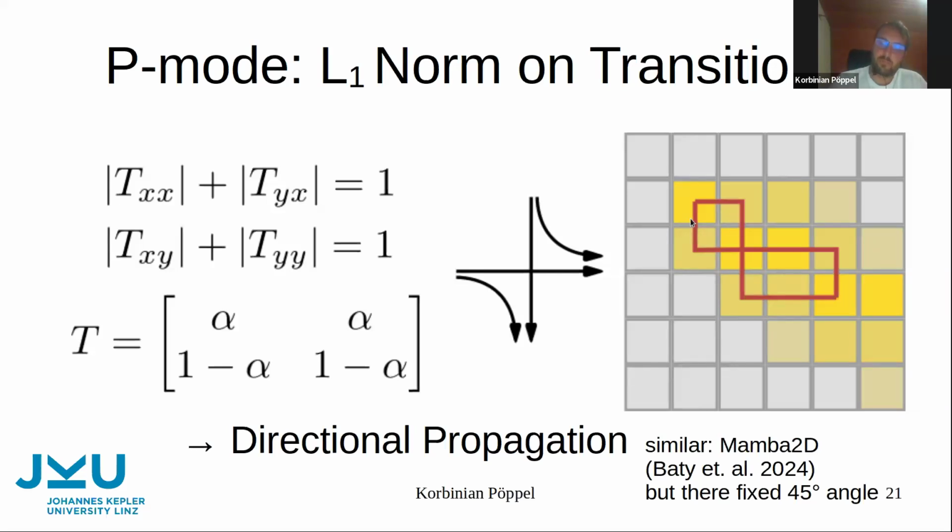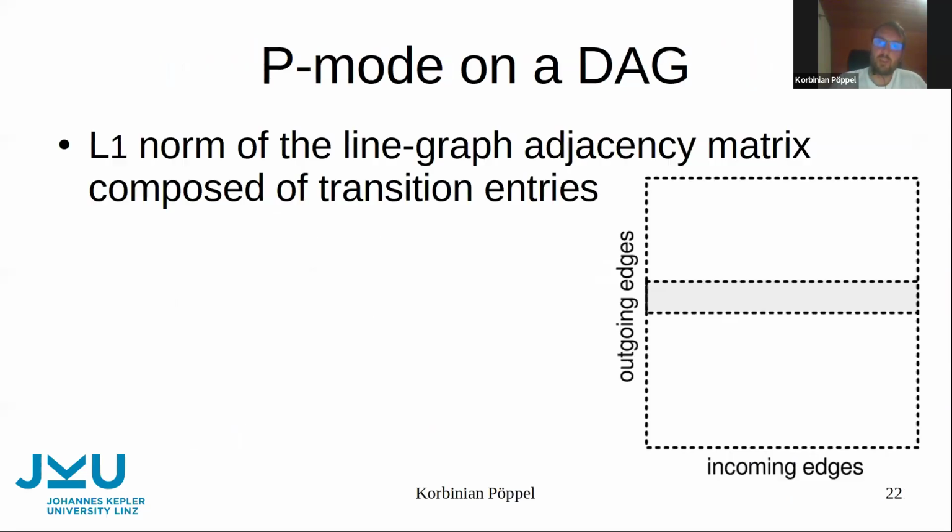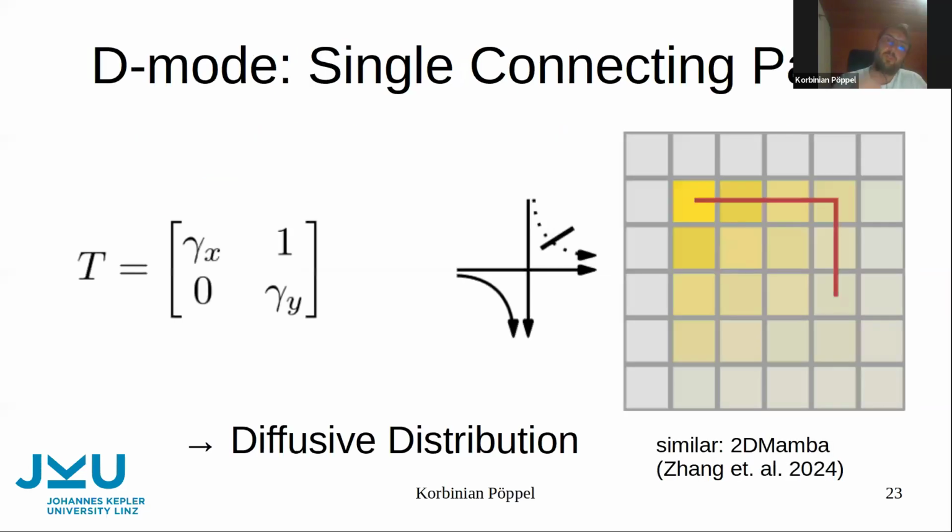So the second way to enlarge the receptive field while losing the notion of direction is with the D mode.